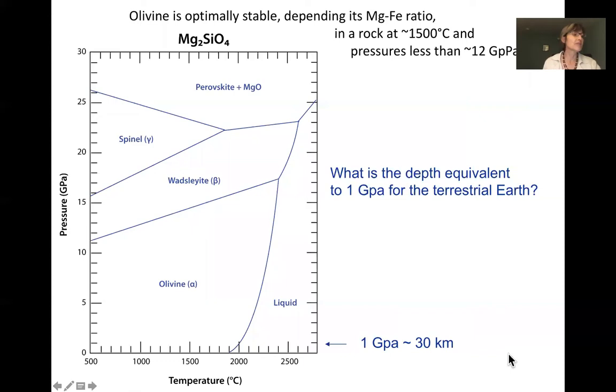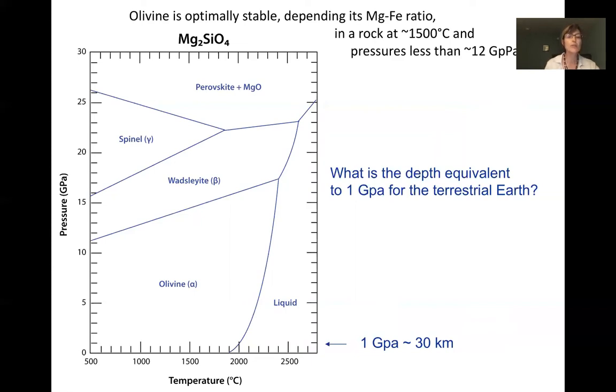This diagram summarizes the results of many careful experiments. I want to point out that we have temperature along the x-axis, pressure along the y-axis, and at the top, we're indicating that we're using the composition of a pure forsterite olivine, that magnesium-rich olivine.